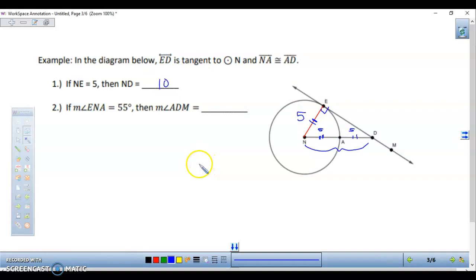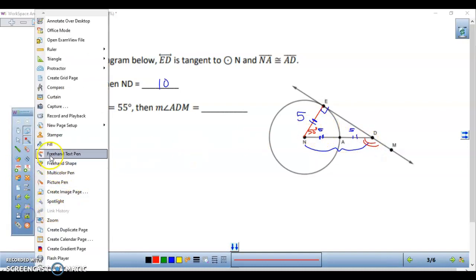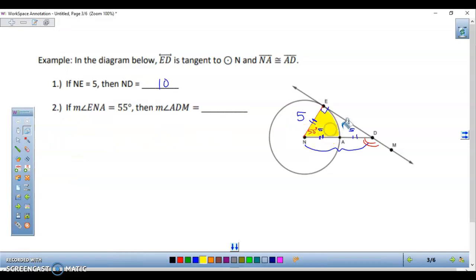The next part says if the measure of angle ENA is 55 degrees, find the measure of angle ADM, this angle right here. I'm going to use the triangle sum theorem first, and here's the triangle I'm referencing. All the angles in that triangle have to add to 180. So if this is 90 and that's 55, that's 145 degrees, which leaves 35 degrees for this.